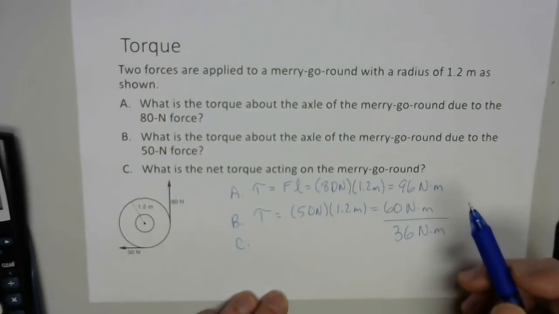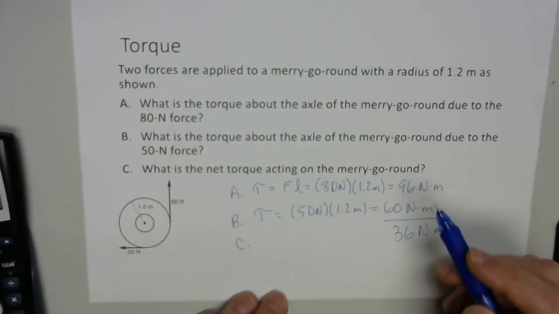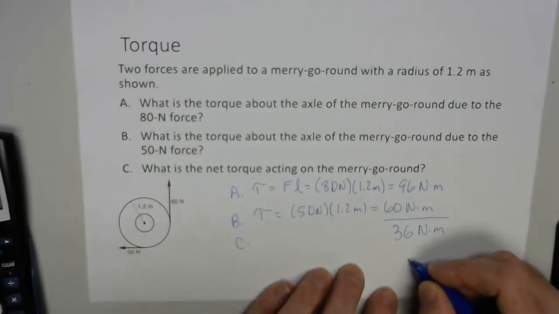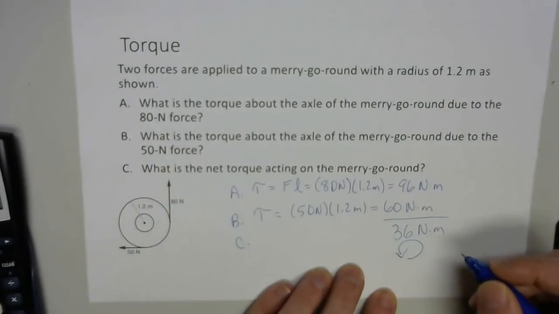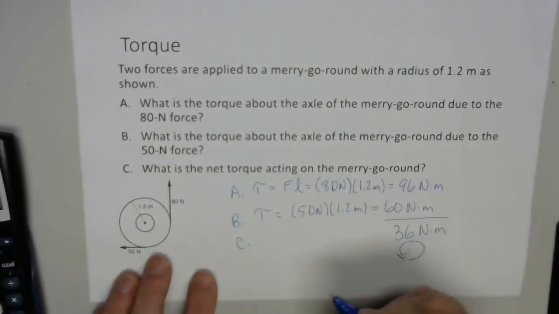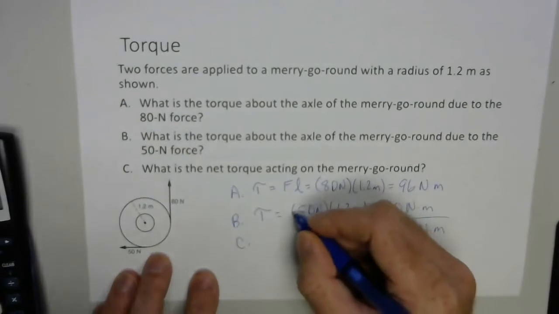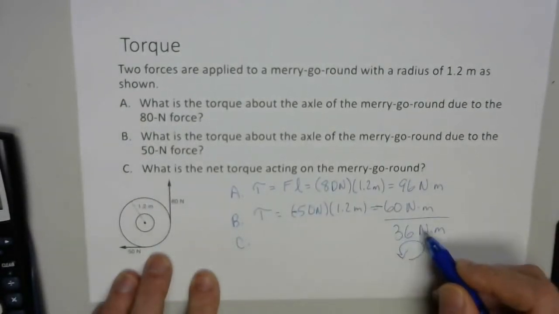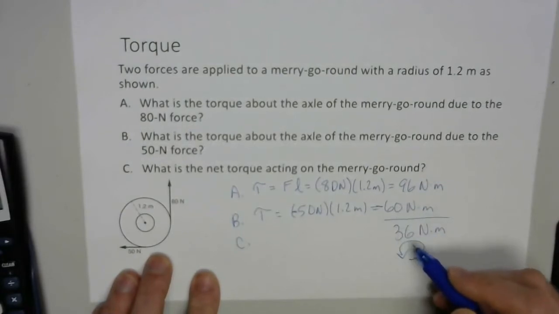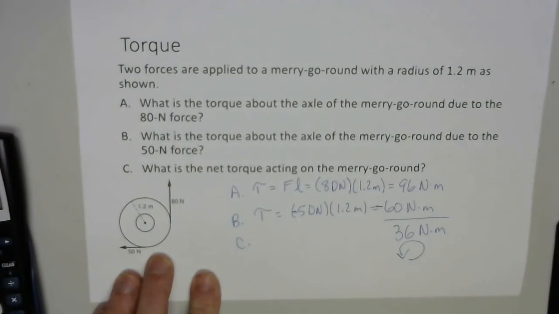The bigger force is going in a counterclockwise way, so the net torque will be counterclockwise. If we give these signs, remember the clockwise rotation was negative, so this is negative, and we end up with a positive overall rotation, indicating rotation in the counterclockwise way. And this has been a brief tutorial on angular motion and torque.